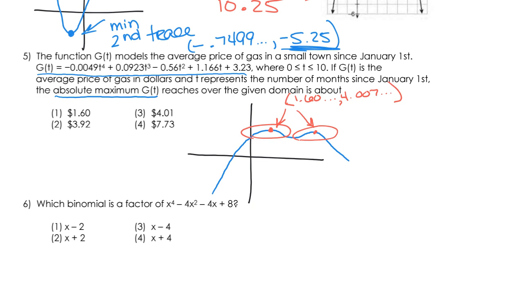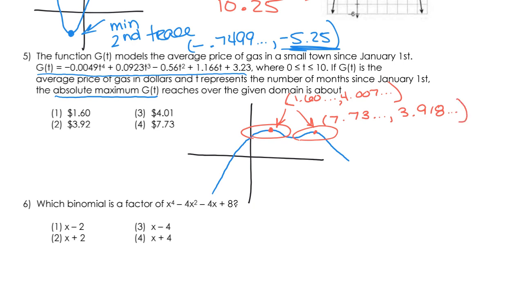Now I'm going to hit second trace again, go back to number 4 for maximum, but go over to the second peak and see if that is higher or not. Left bound on the second peak, right bound, and then guess in the middle. It tells me my maximum is 3.918 dot dot dot.